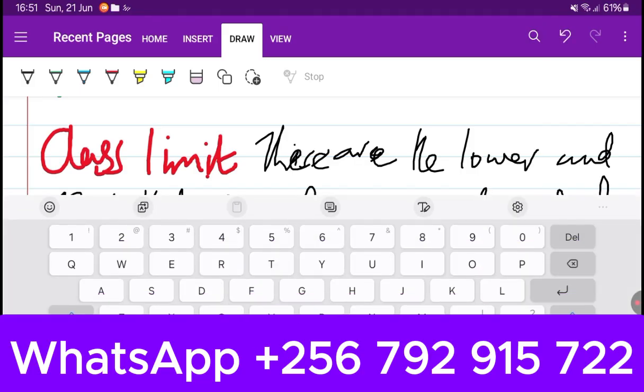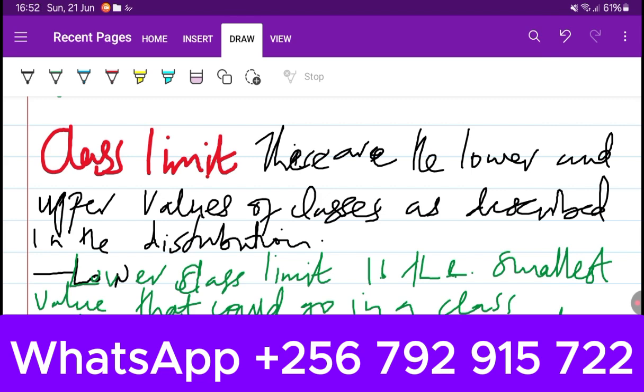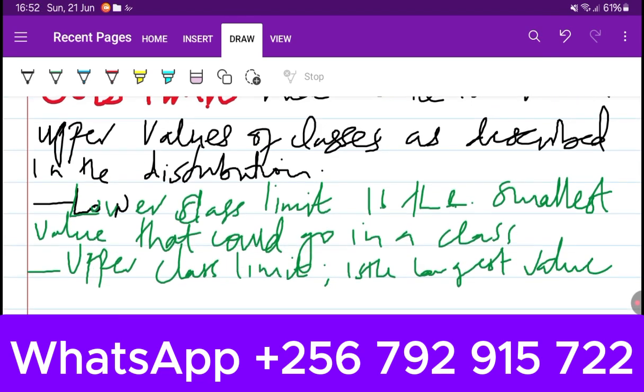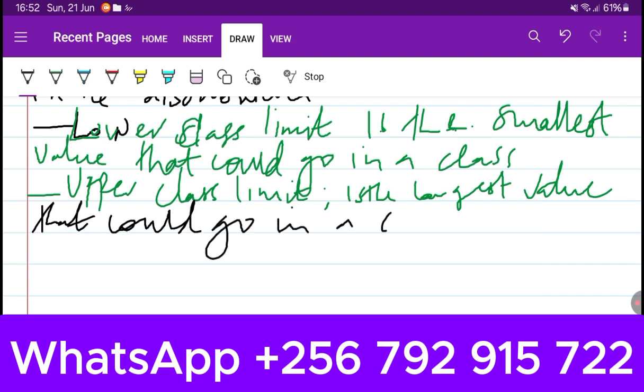But if they are exclusive classes, then it is the highest value of a given class that could go in the next class. The largest value that could go in a class.